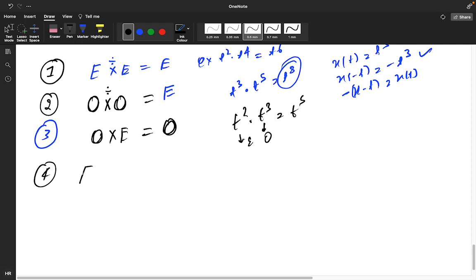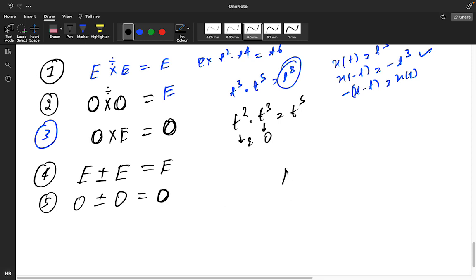Fourth one: when you add or subtract even and even, you get even only. For odd plus or minus odd, you get odd only.